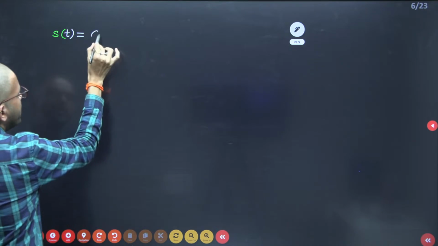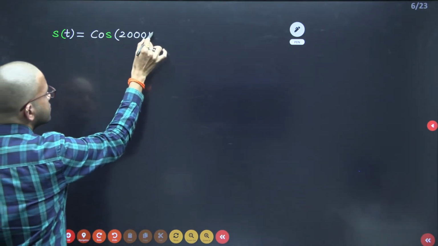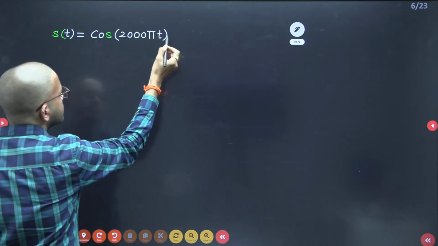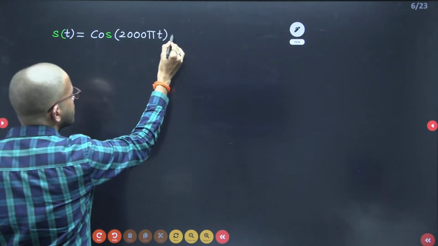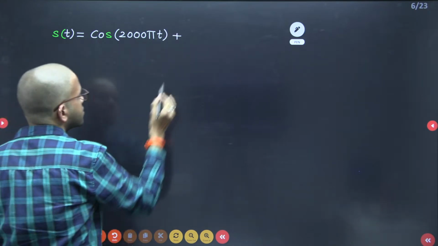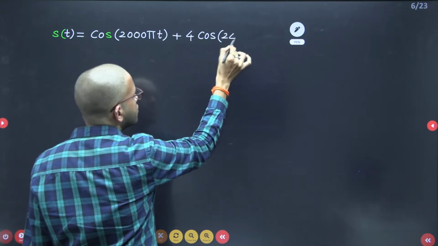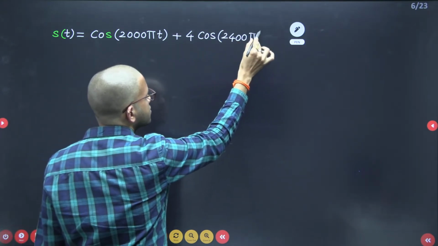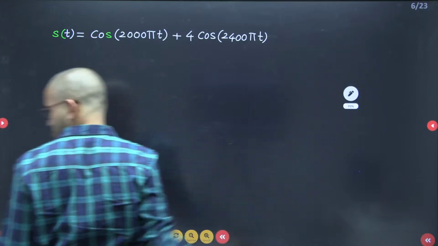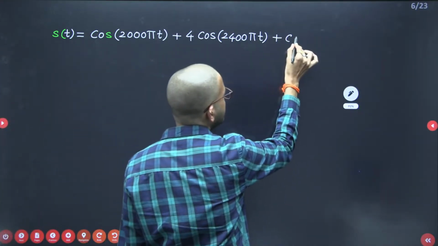S of t equal to cos 2000 pi t plus 4 cos 2400 pi t plus cos 2800 pi t.